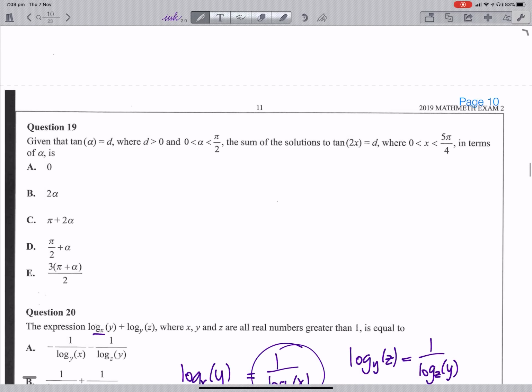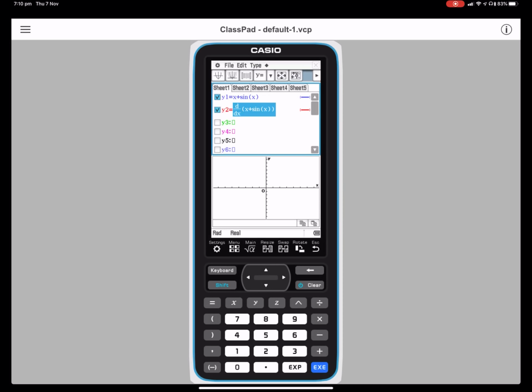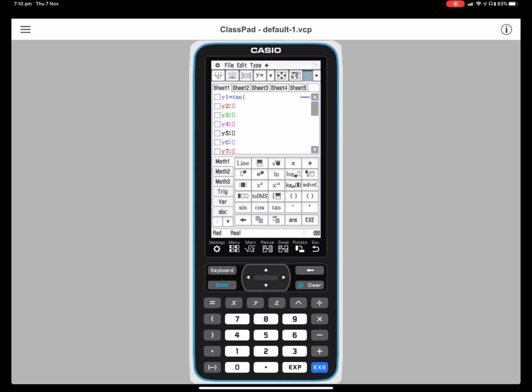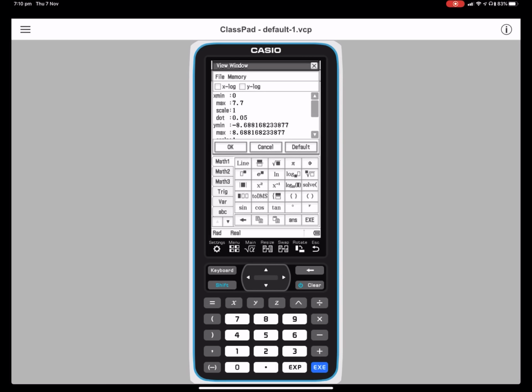Okay, last one. Tan alpha equals d, alpha between 0 and pi on 2. The sum of solutions of tan 2x equals d, where x is between 0 and 5 pi on 4, in terms of alpha is. I don't know how you're supposed to do this, but I think if we graph tan x and tan 2x, now it's said between 0 and pi on 2 and 5 pi on 4, so 5 pi on 4 is larger.